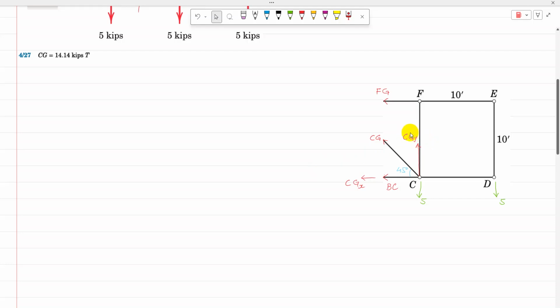For sigma Fy equal to 0, CGy is taken as positive because it is towards the positive y-axis. Both loads of 5 kilonewton are acting vertically downward, along the negative y-axis, so they are taken as negative. Sigma Fy equal to 0 can be written as plus CGy upward minus 5 minus 5, both acting downward, equal to 0.